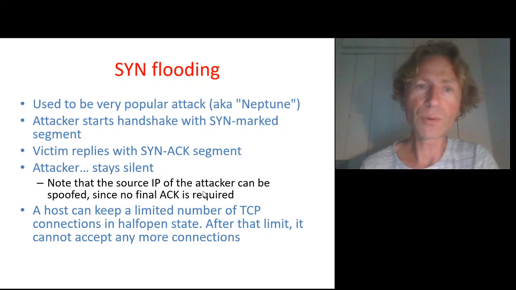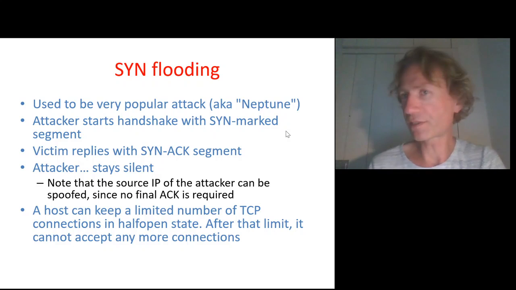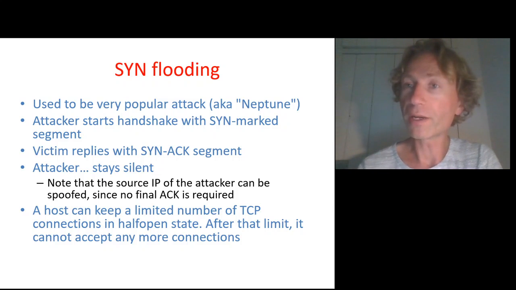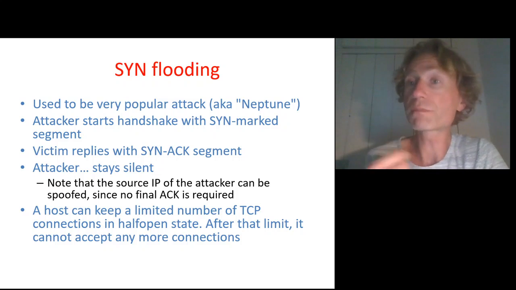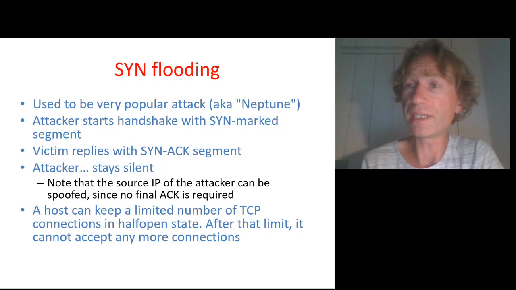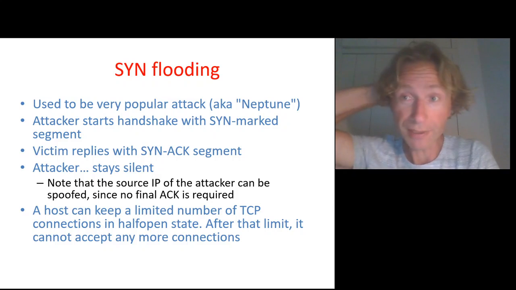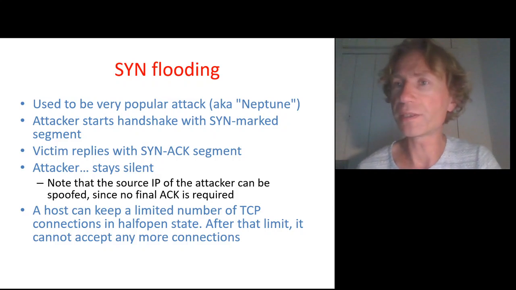Since you don't send this third phase of the TCP handshake, you don't have to worry about the reply of the server being visible to you. You can just spoof the TCP SYN source IP address, because you're not going to send the third phase anyway, so you don't care about the sequence numbers.